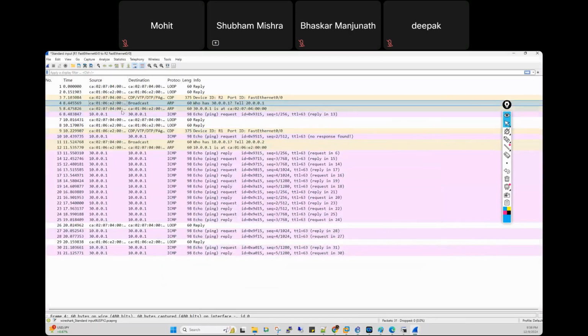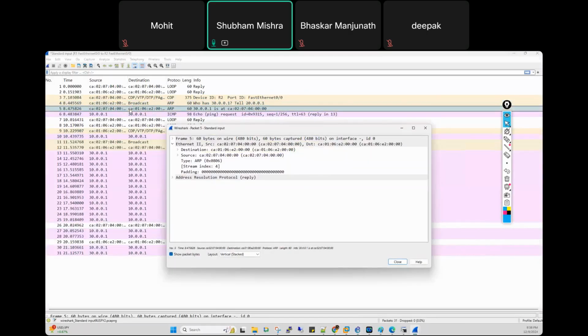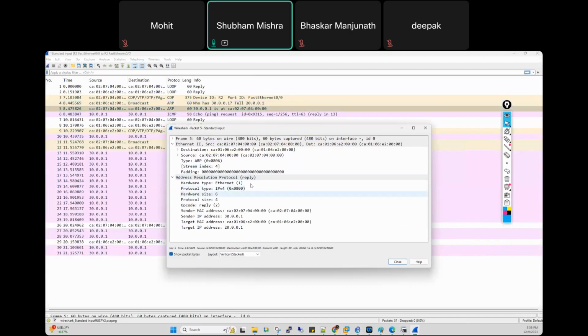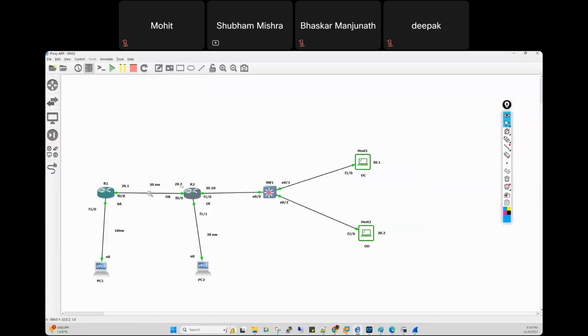Come here. I am opening the second ARP. In the second ARP, that is the ARP reply. Please focus very carefully. What is the target IP address? 20.1. It means this router number 2 is generating the ARP reply.